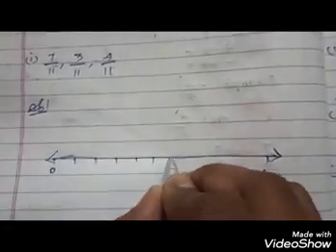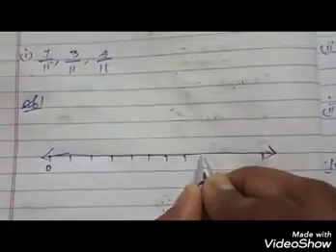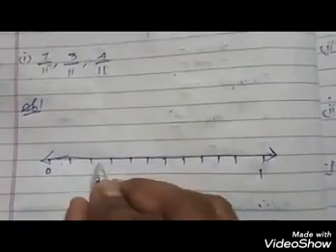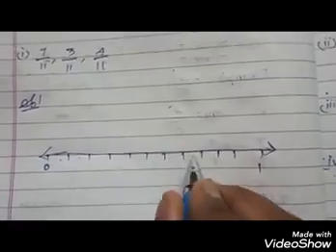So 1, 2, 3, 4, 5, 6, 7, 8, 9, 10 and 11 parts.